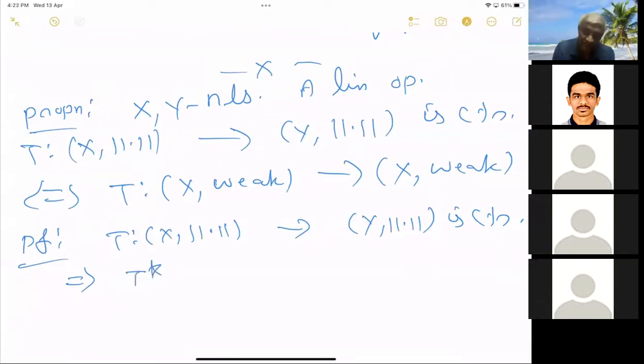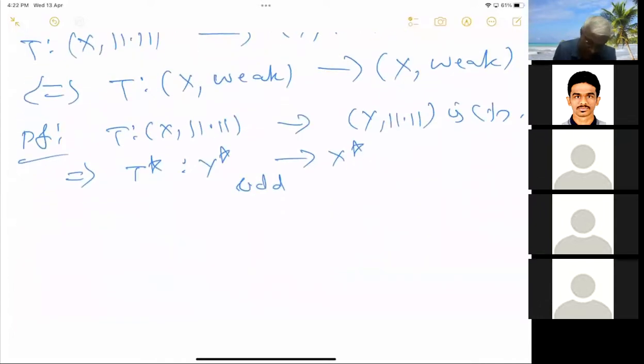This is true for Hilbert space, and we have proved it for Banach space also: Y star to X star, a bounded operator with respect to norm. It exists. So this is also a continuous operator with respect to norm. There we are not considering any other topology, only the norm topology on Y star and X star.